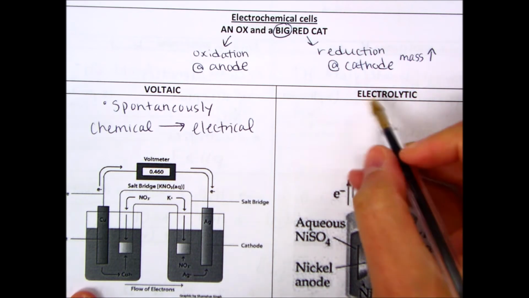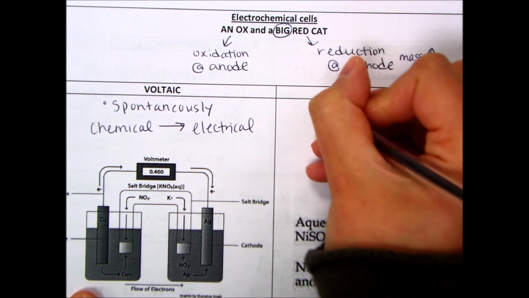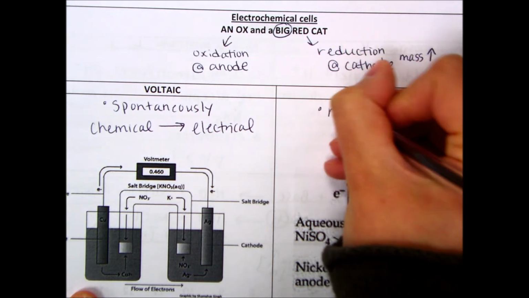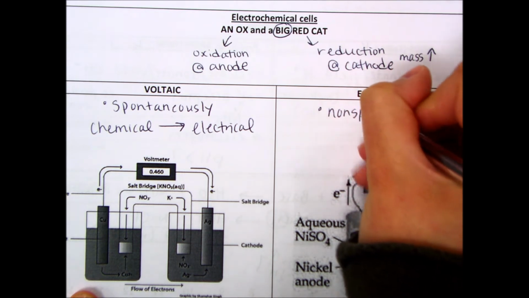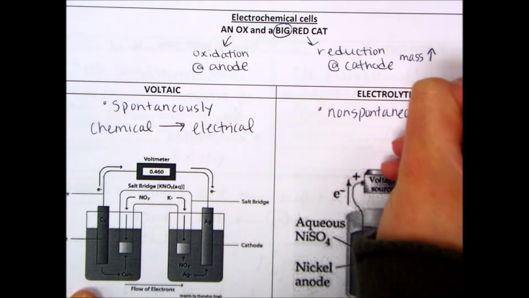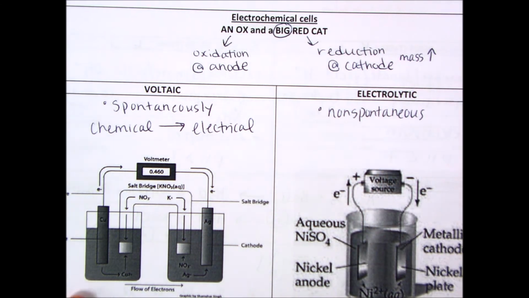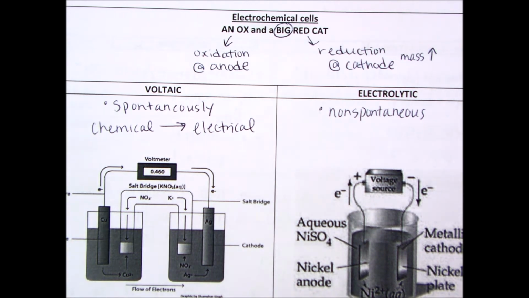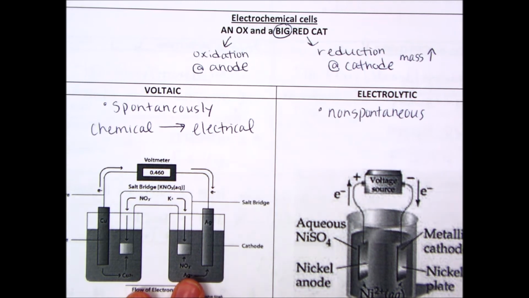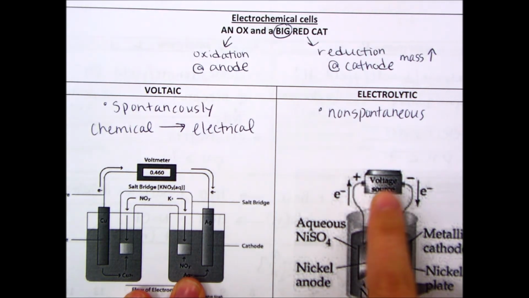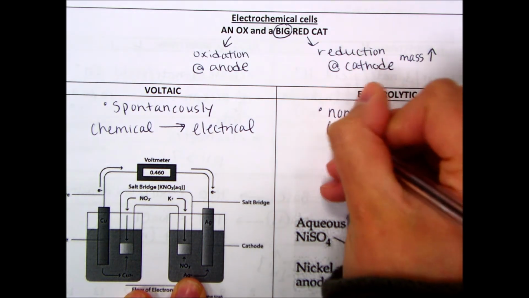On the other hand, an electrolytic cell is non-spontaneous. So in other words, it's trying to generate some chemical change, but the chemical change is non-spontaneous. It's not going to happen on its own. So because of that, electrolytic cells always need a battery, a power source.